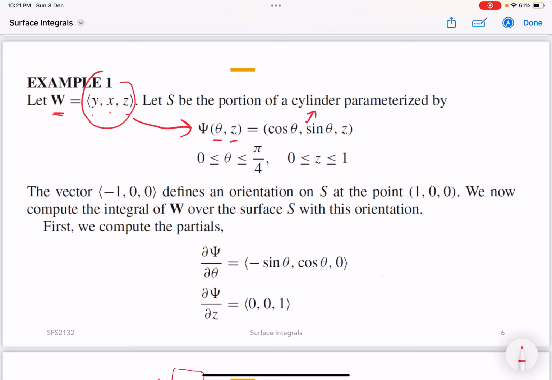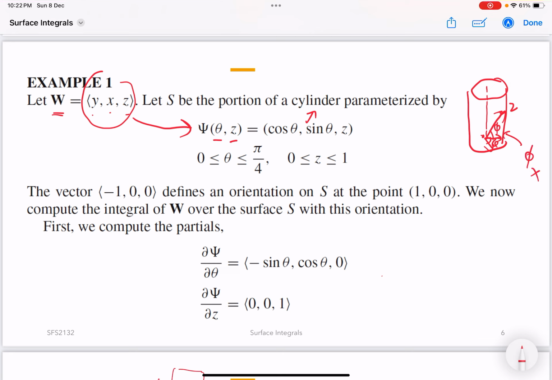If you look at the cylinder itself, you have coordinates theta and phi, and z. For this one, we only consider theta and z, and we don't care about phi.